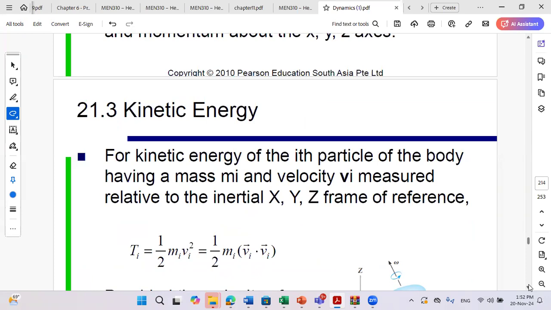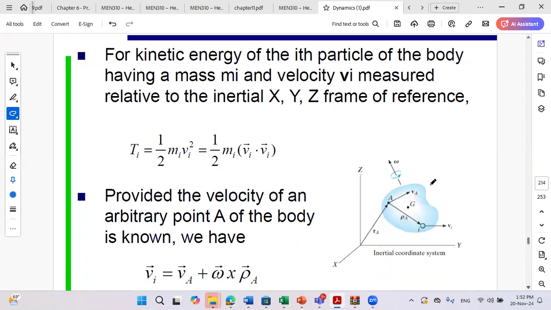So now we defined how to calculate angular momentum in 3D. We'll move to how to calculate kinetic energy in 3D. For kinetic energy, it's also the same method. To find the total kinetic energy of a rigid body, we need to integrate kinetic energy over the body.